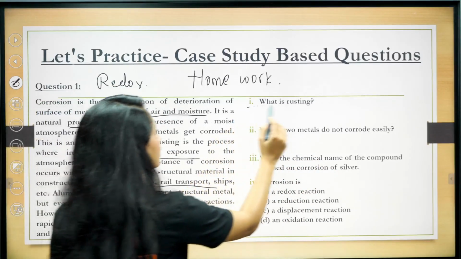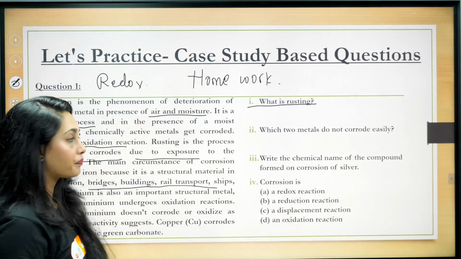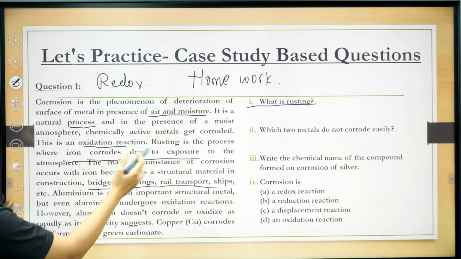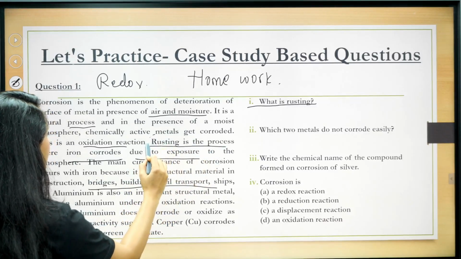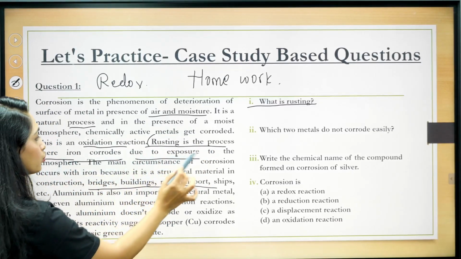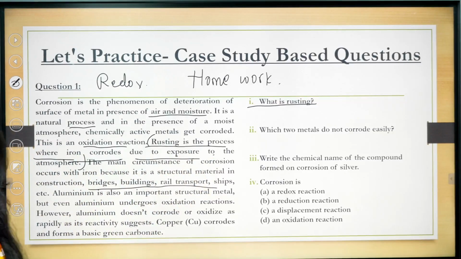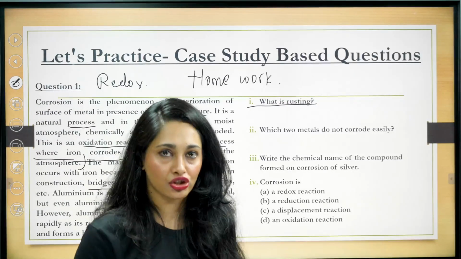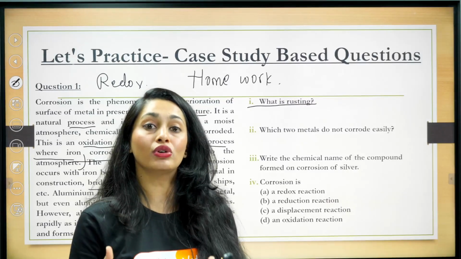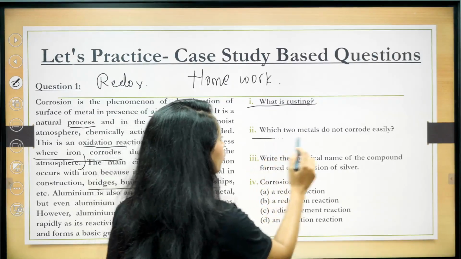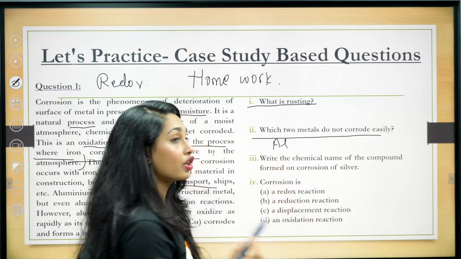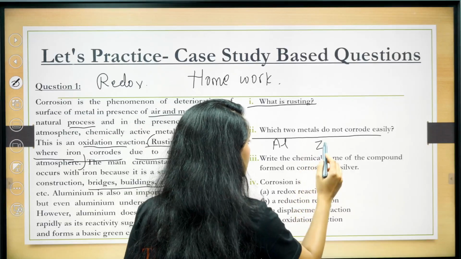Then, what is rusting? How do we define rusting? The definition here suggests that rusting is the process where iron corrodes due to exposure to the atmosphere. You can even mention the word oxidation. That would give you more credibility. Next, which two metals do not corrode easily? Aluminium is not going to corrode easily, and also zinc.